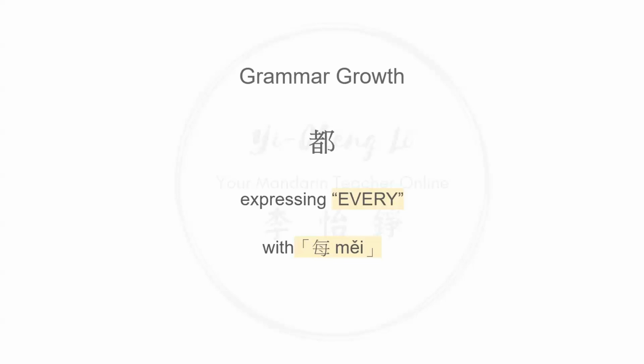For example, today's episode is specifically about how to express every using 每, this character, combined with dōu. I'm going to mainly explain this part in this video, and then we will talk about other usages in future videos. So let's jump right into part 2 of the dōu character grammar growth.